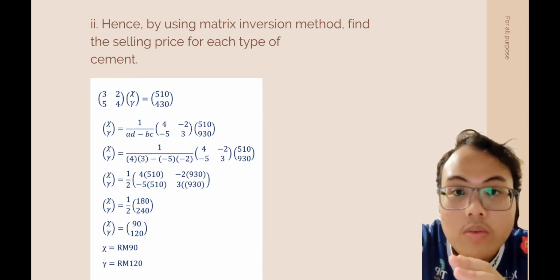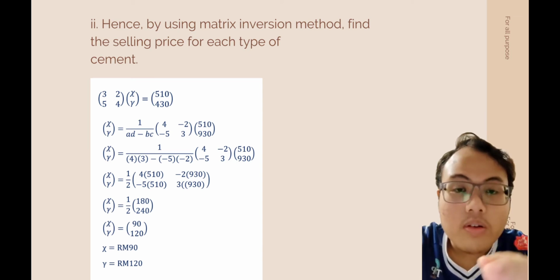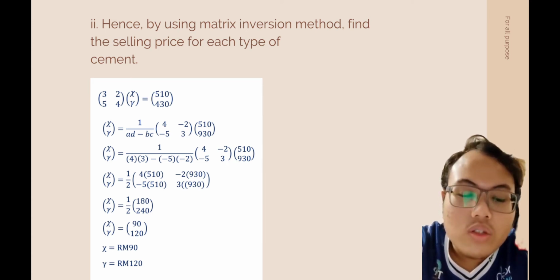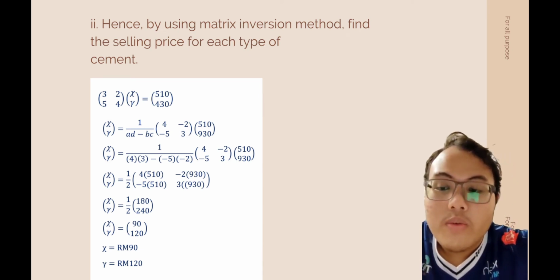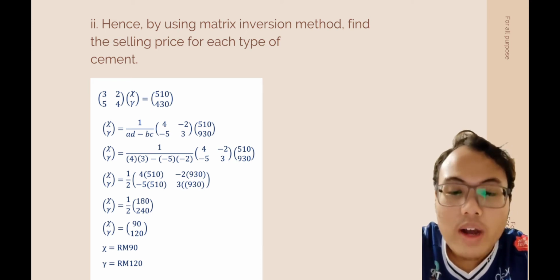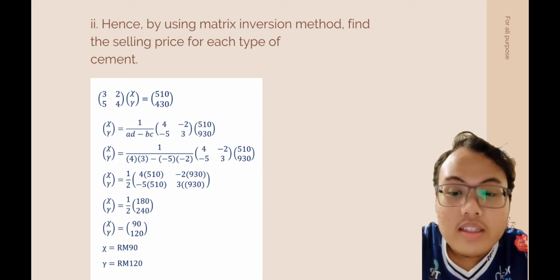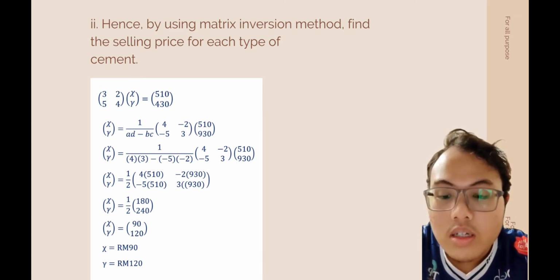So the answer is [x y] equals 1 over 2 times [4 times 510 minus 2 times 930, negative 5 times 510 plus 3 times 930], and we will get [x y] equals 1 over 2 times [180, 240].